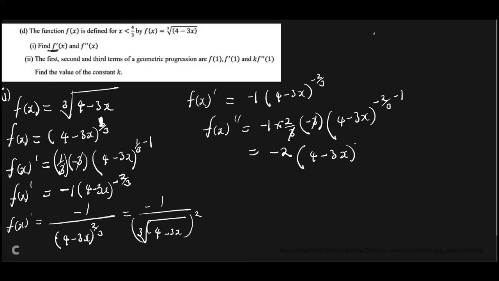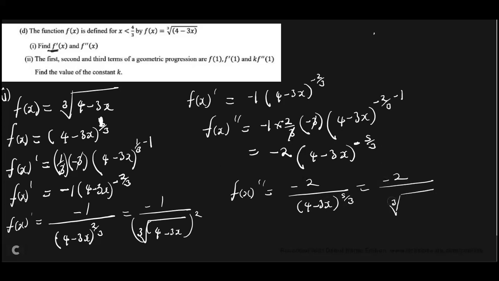Then when you subtract there, your answer will be negative 5 over 3, which is just the same as the second derivative being 2 over 4 minus 3x to the power 5 over 3. Then it is just the same as 2 over the cube root of 4 minus 3x, then to the power 5, like that, right?